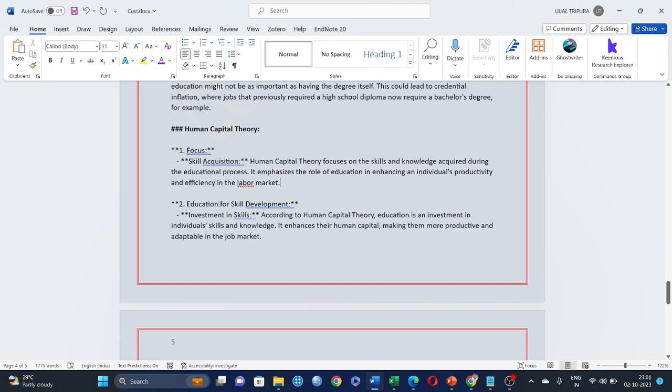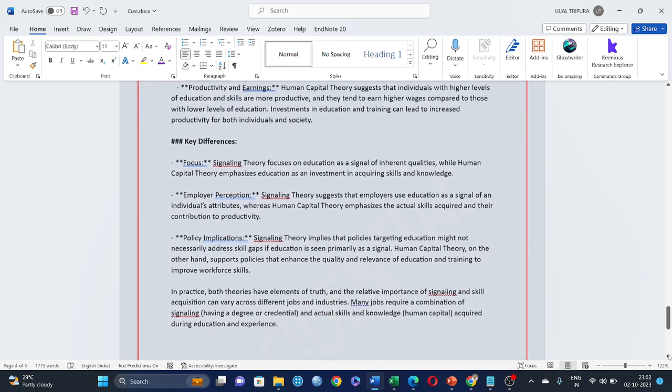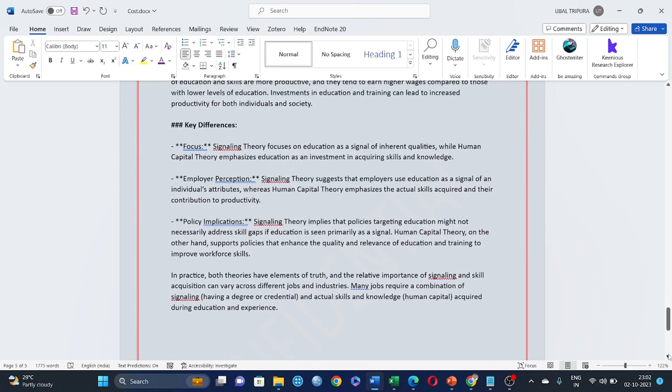So education is for skill development: teachers will go and learn, acquire knowledge and skill, right? And next, the implication. So here we can understand that one focuses on inherent quality, and the other is an investment in acquiring skill and knowledge. Okay, so thank you.